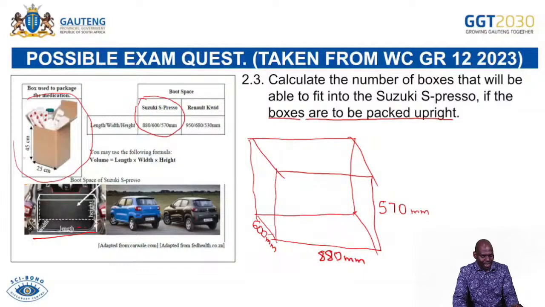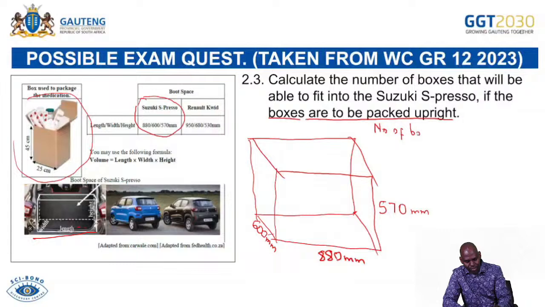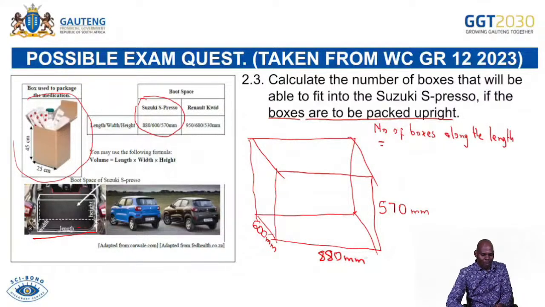Now I'm going to check the number of boxes along the length. Along the length, I must take the length of the boot and divide it by the length of the box.